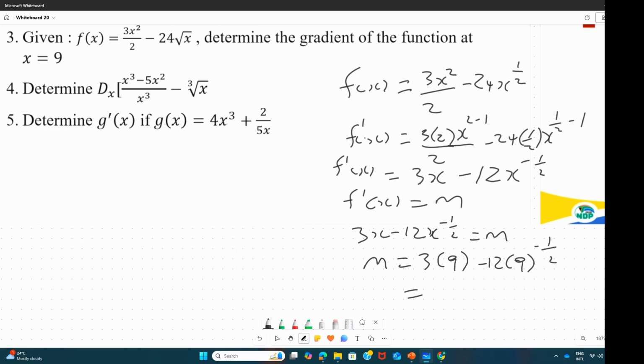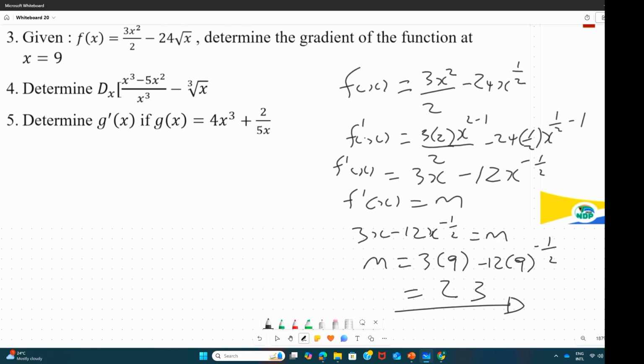Then you can press your calculator. It will be 3 into 9 minus 12 into 9 to the power exponent negative 1 over 2, and your answer will be equals to 23. So the gradient there of the function at x equals 9 is equals to 23.